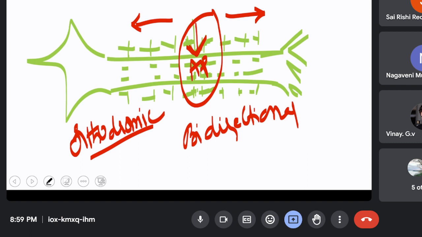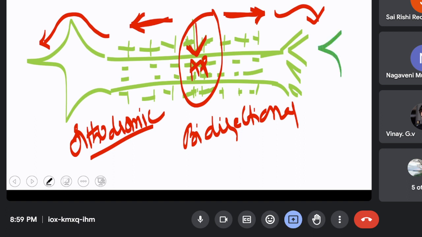So what do you mean by this? This wave of physiological activity goes this side and reaches the dendrites, and it goes this side and reaches the telodendrites. And from the telodendrites through the synapse, it reaches the dendrites of the next neuron, but not the telodendrites of the neuron present before that.